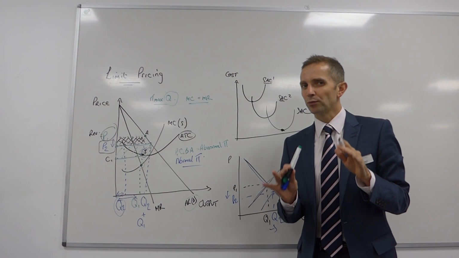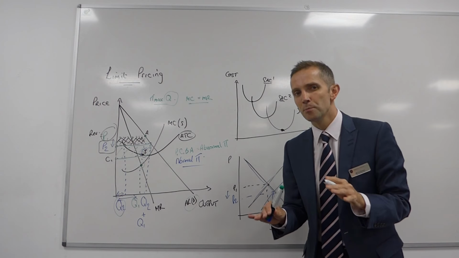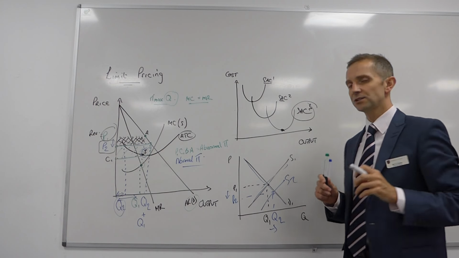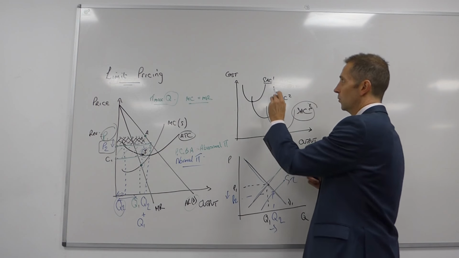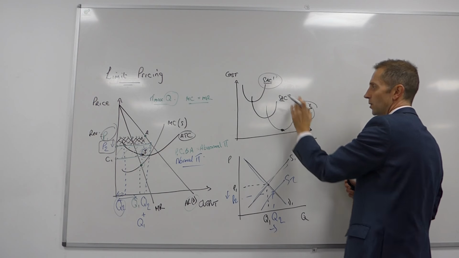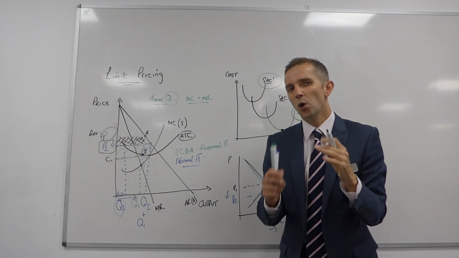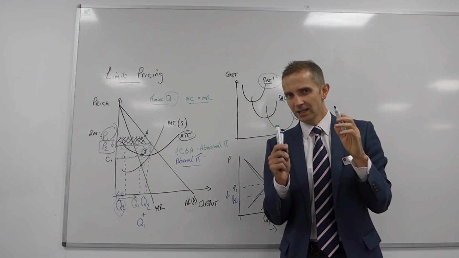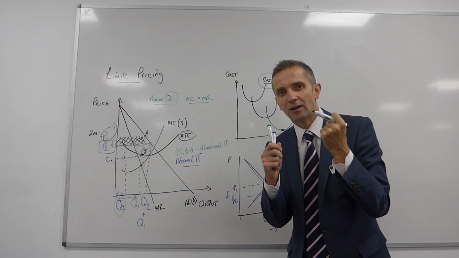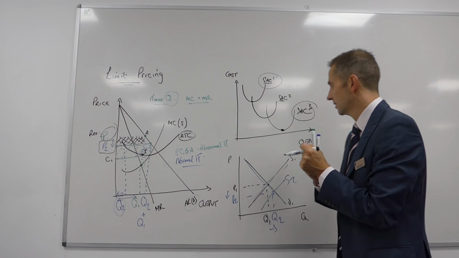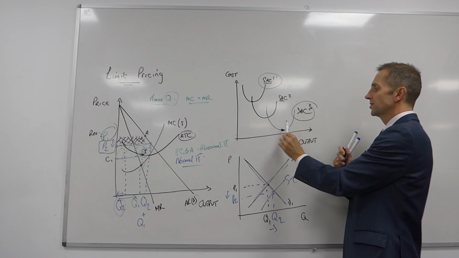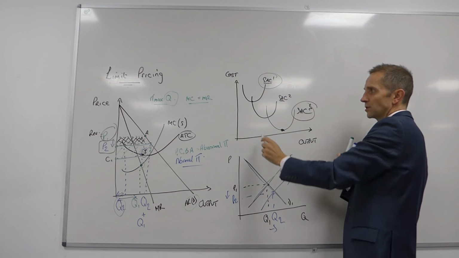So it's always probably going to be the case that the incumbent firm will be at a cost advantage relative to the new firm, which might face much higher costs, so it might be SAC 1 rather than SAC 3. So it's always going to be the case that the incumbent firm would be able to survive and still make a reasonable amount of abnormal profit, even if price is reduced, because their level of costs will be that much lower.